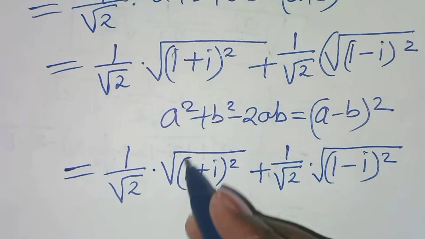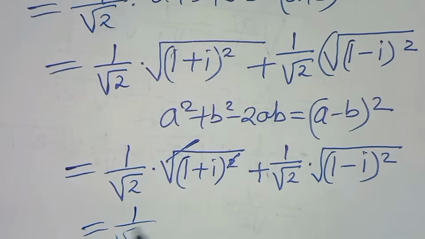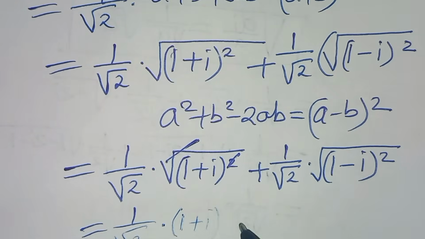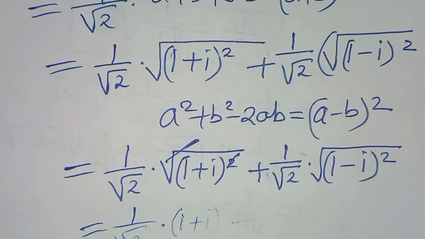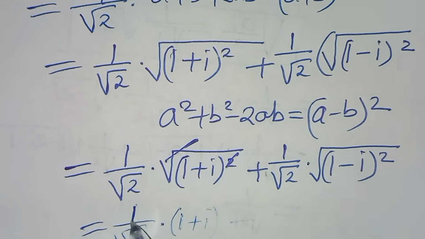So let's eliminate the square root sign here, so that here we'll have 1 over the square root of 2 multiplied by, now this is the same thing as 1 plus i. Now we have 1 over the square root of 2.